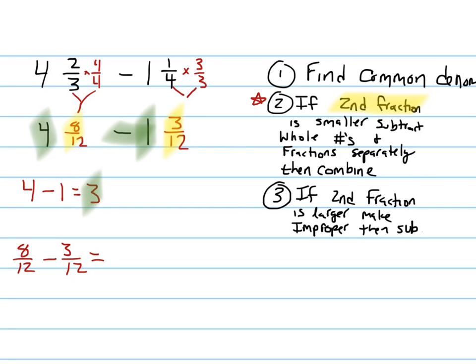So I did this minus that, 3/12, okay? Which is going to equal 5/12. And now I'm just going to combine it. So my answer would be equal to 3 and 5/12. So you just combine it. Done.